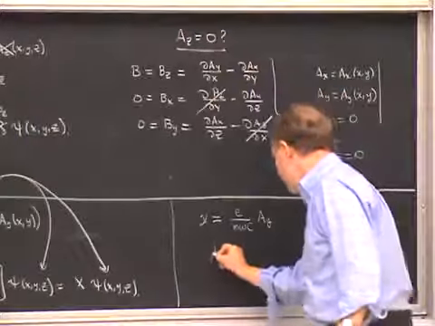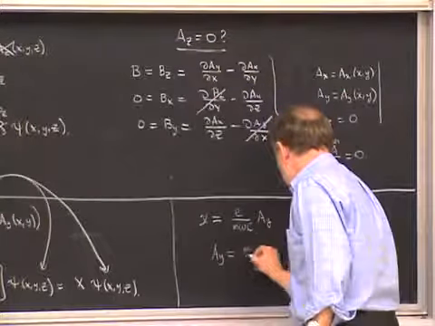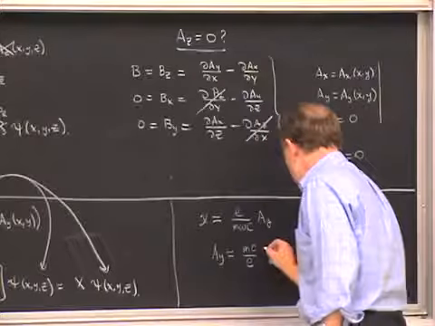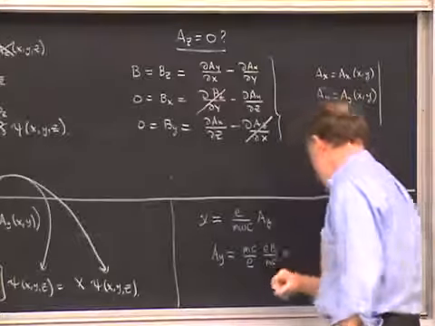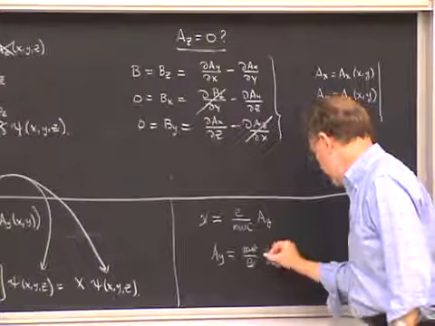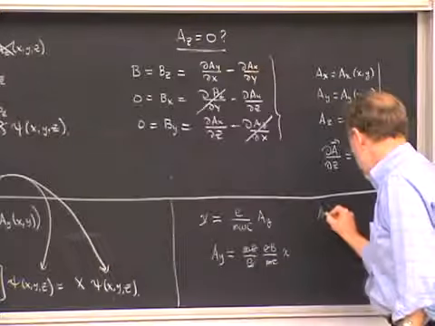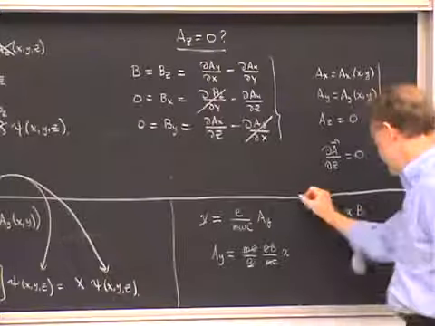Or, obviously, Ay is equal to mc over e times omega, which is eB over mc, times x. And the mc's cancel, and the e's cancel. And so this leads to Ay is equal to x times B, if we do that.